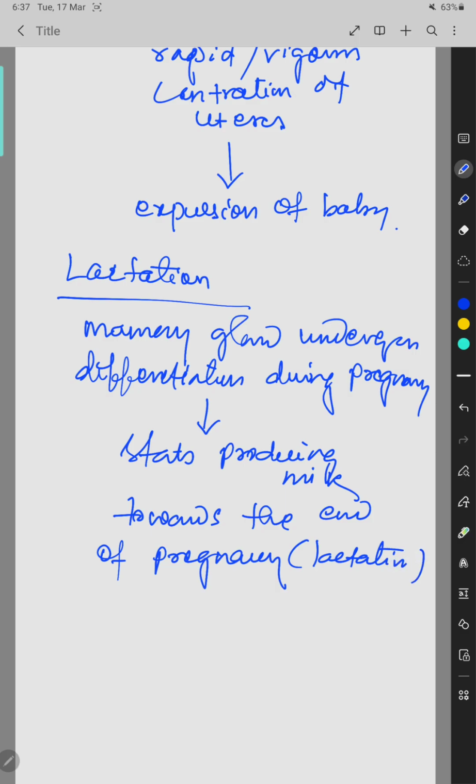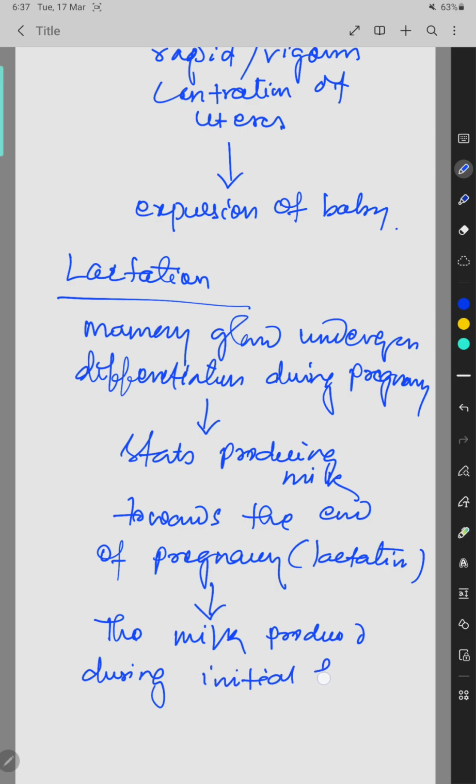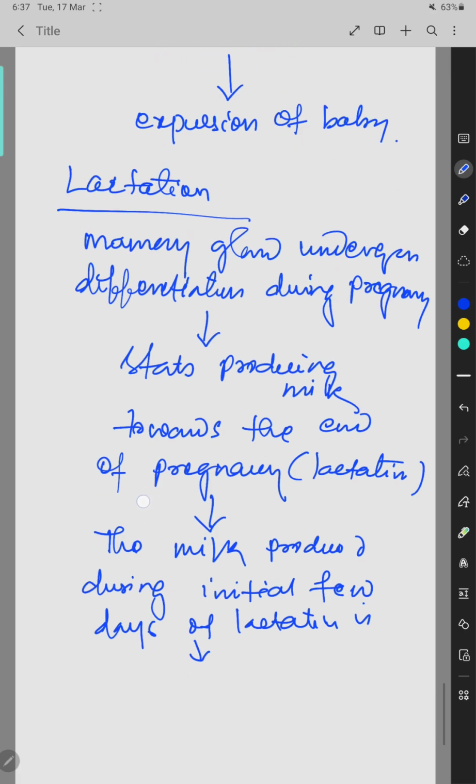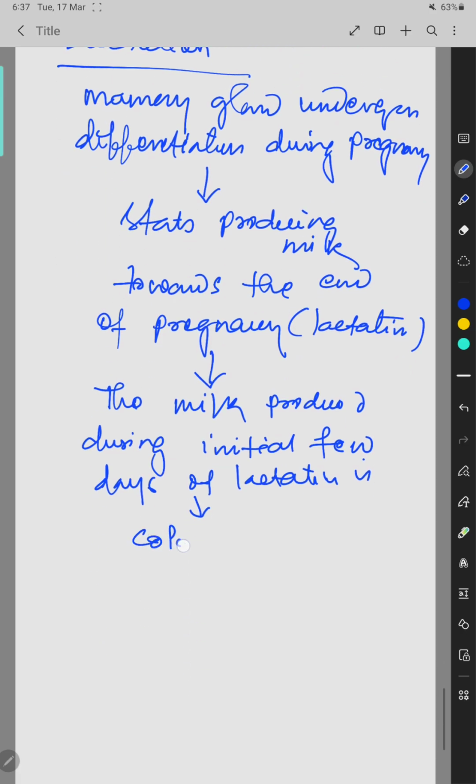Okay, and the milk produced during the initial few days of lactation is called colostrum.